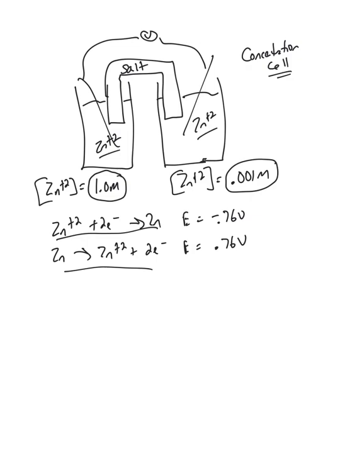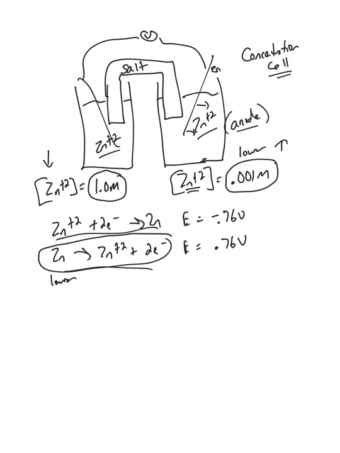And we find out that the side that has the lower concentration is going to want to increase its concentration, and the higher concentration side is going to want to decrease. And therefore, on the lower side, the zinc is going to want to be produced, so the zinc electrode will flow into the solution, increasing the ions. That means the side with the lower concentration will act as the anode.